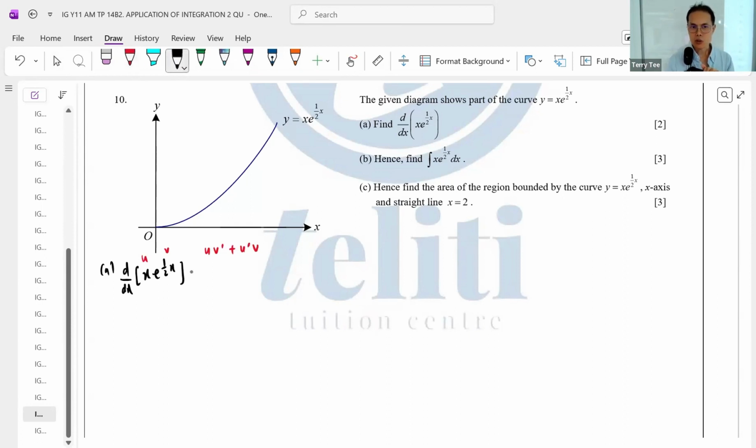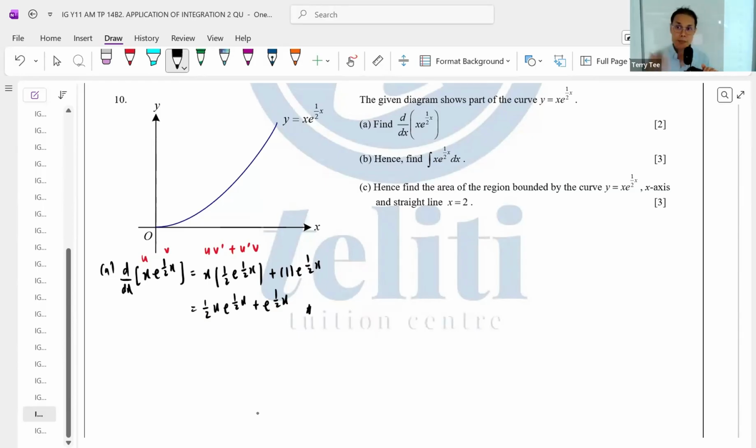So I'm going to write down my u, which is x, differentiate e power half x is a half e power half x. Differentiate u, you get 1, copy e power half x. So this is going to give us half x e power half x plus e power half x.